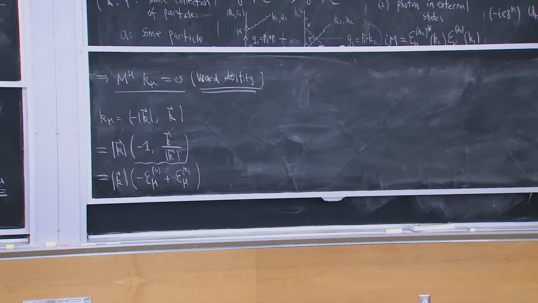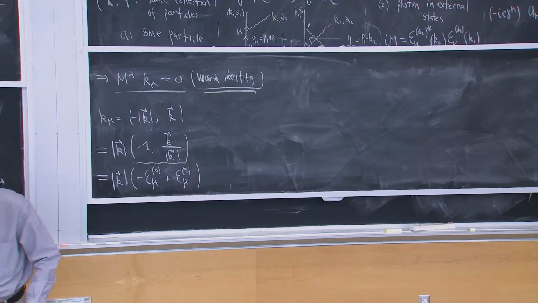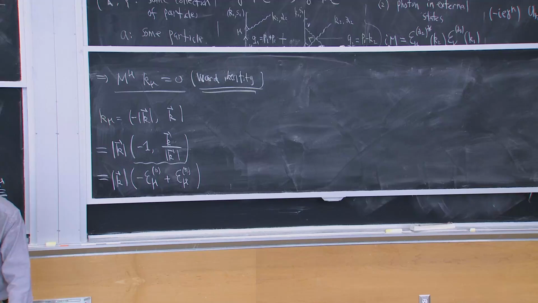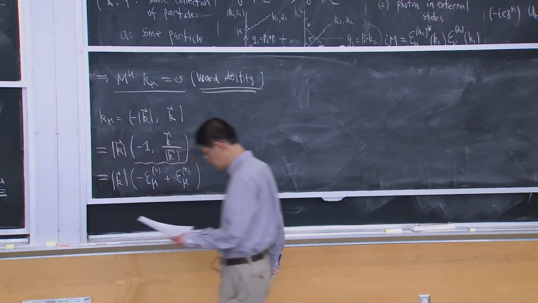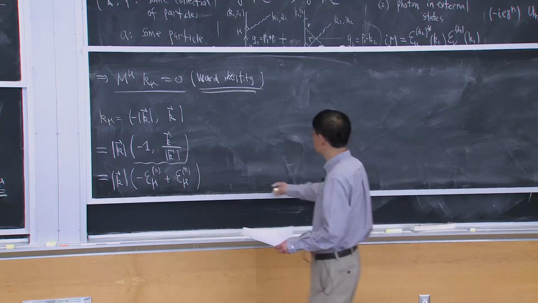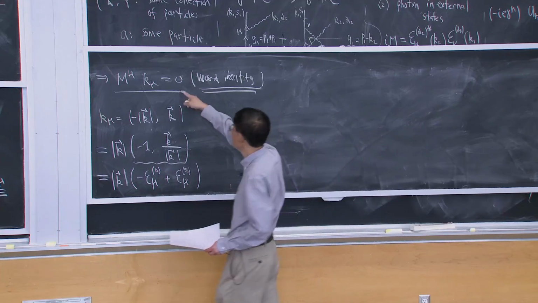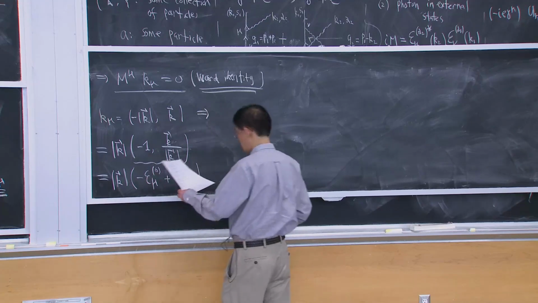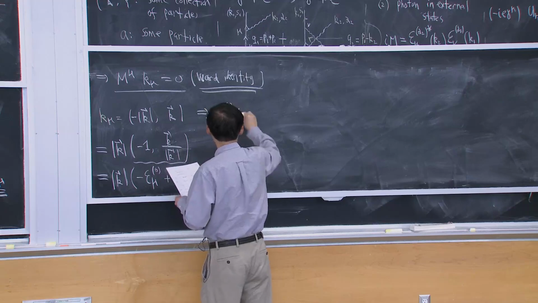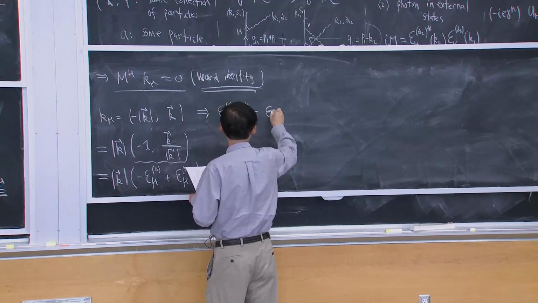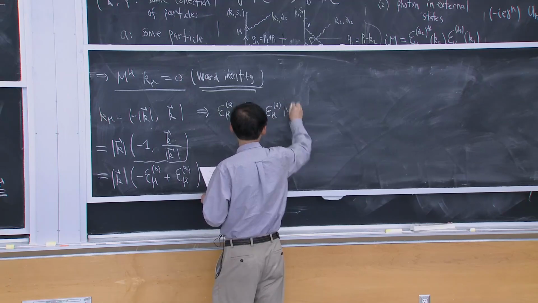The sign does not matter very much here, but for my sign, it's minus epsilon mu. So from here and this equation, it implies that epsilon mu 0 M mu is equal to epsilon mu 3 M mu.